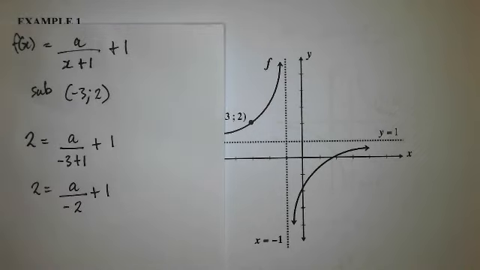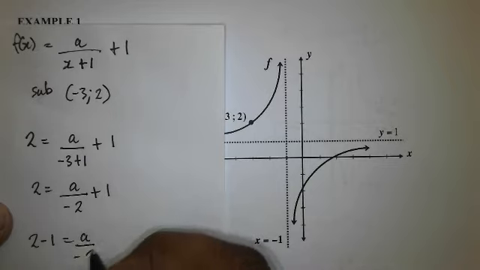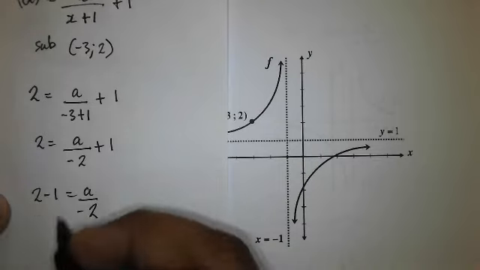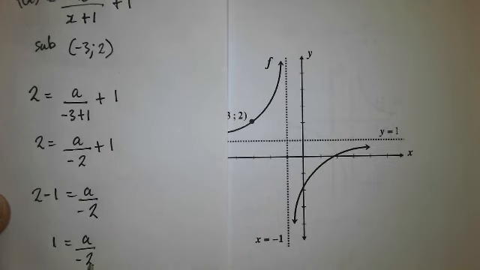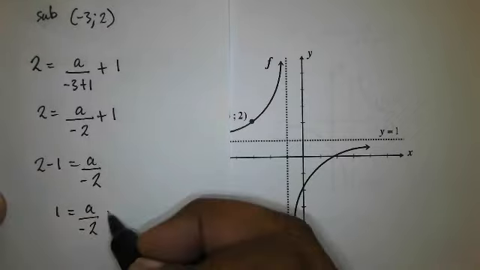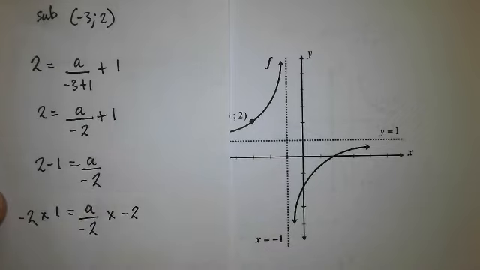So I can just take the 1 over. I have 2 minus 1 becoming equal to a over -2, which makes that 1 equal to a over -2. So what we're just going to do is cross multiply this -2, and they cross multiply each other.